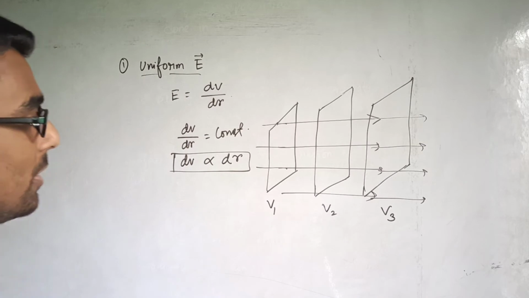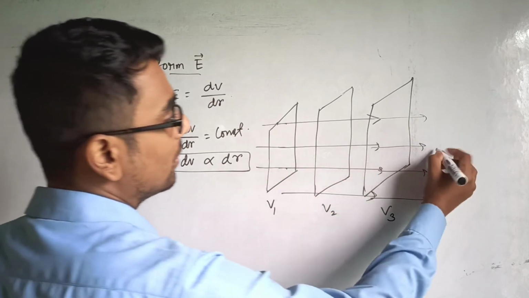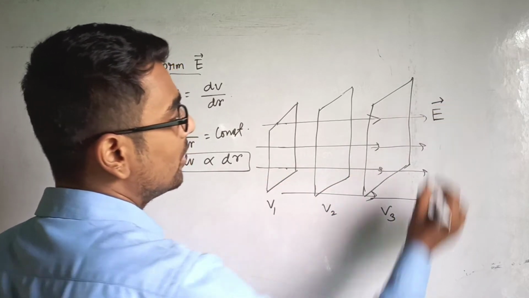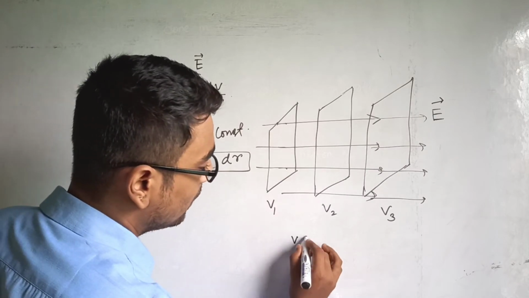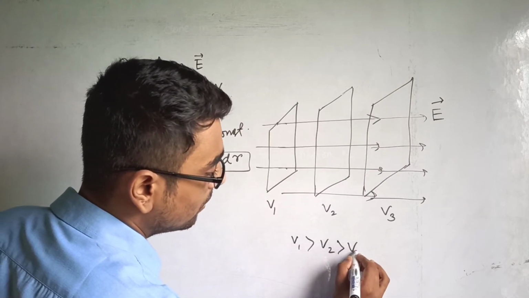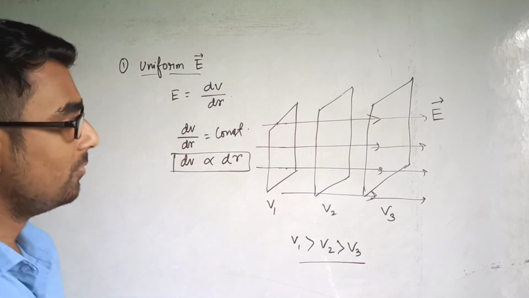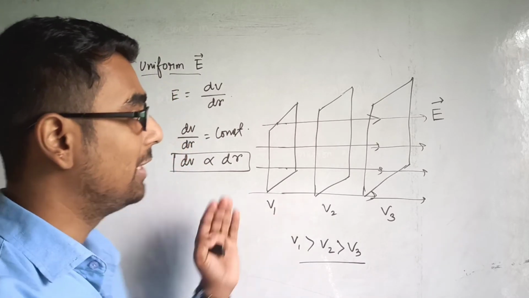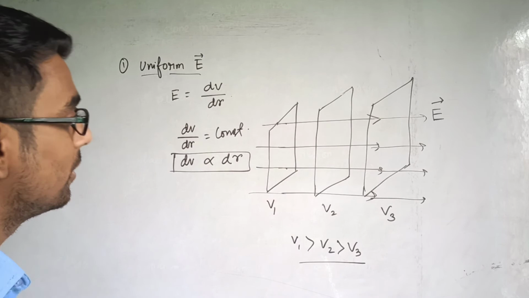As the electric field is going toward the right, V1 will be greater than V2, greater than V3, as the potential decreases in the direction of the electric field.